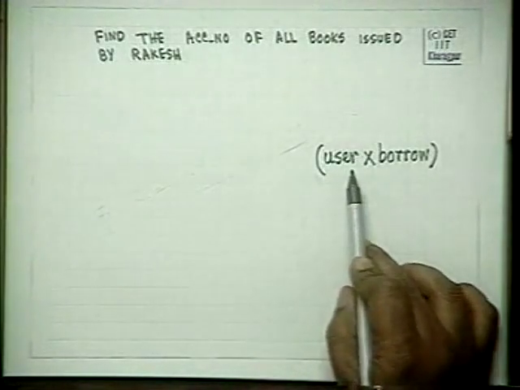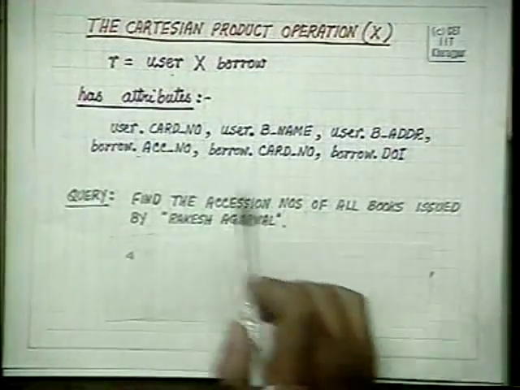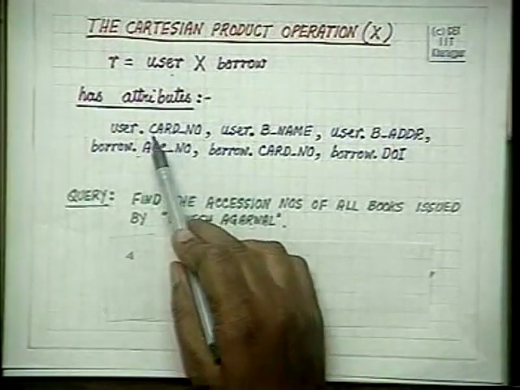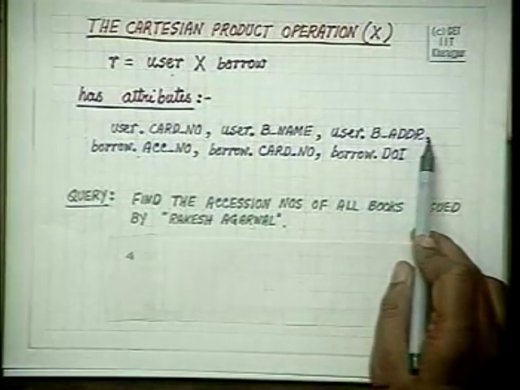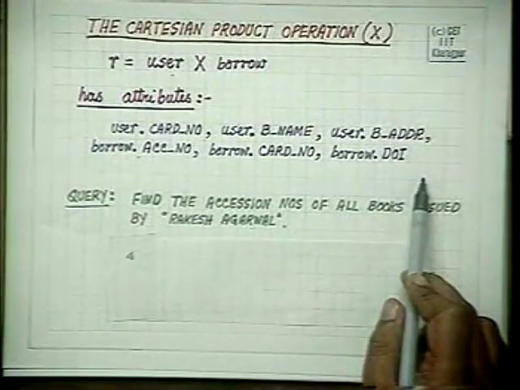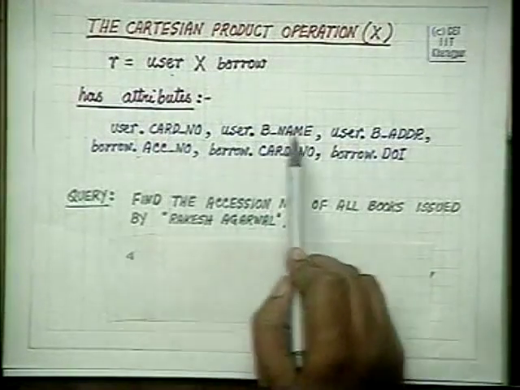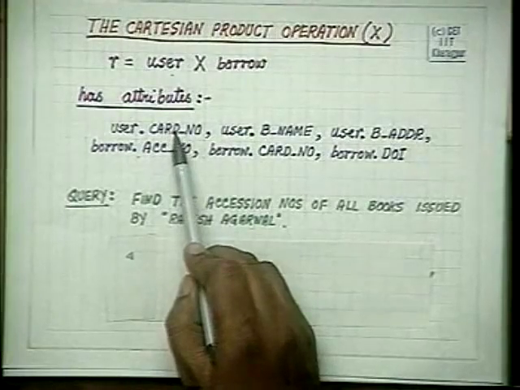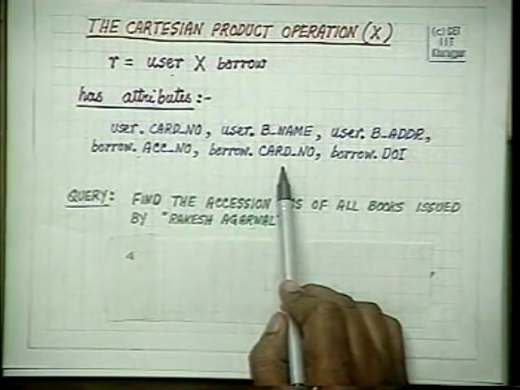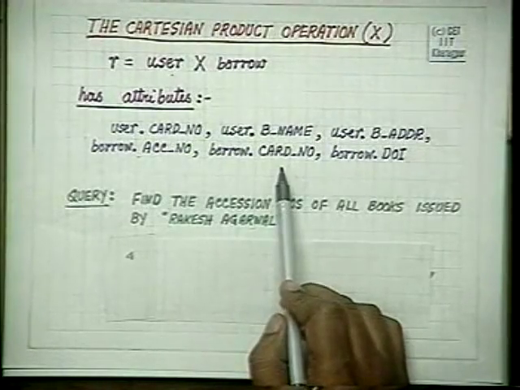when I do user Cartesian product borrow, I will have all possible combinations of the user relation with the borrow relation. Now in this, I will have a combination of card number F53 with card number F35, and that is of no use to me.